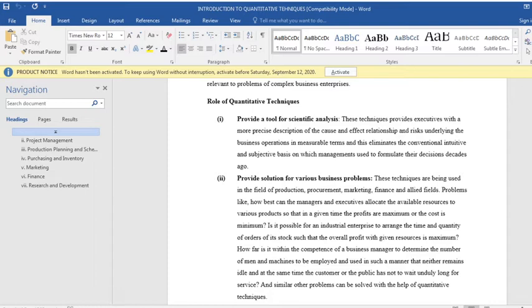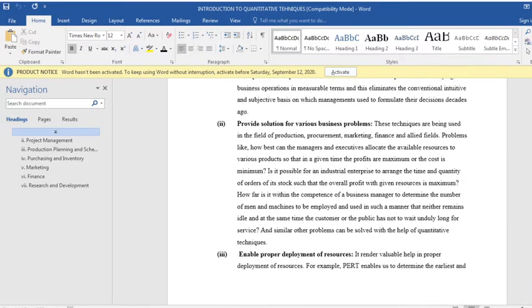Maybe managers don't understand the best combination of items an organization needs to produce so that profit can be maximum. Again, there is a topic in quantitative methods where that solution can be derived. So it helps in coming up with solutions for the problems that businesses face.